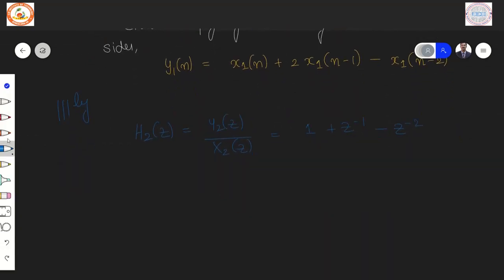This can be correspondingly simplified by performing cross multiplication.